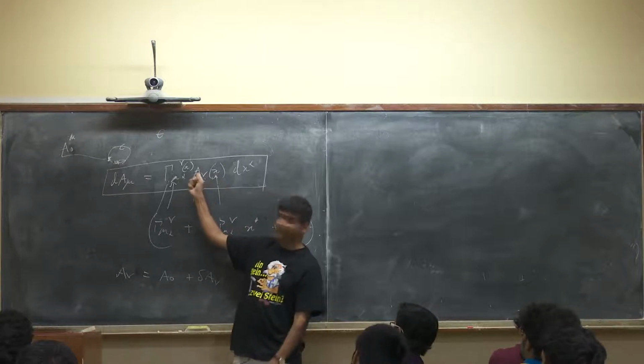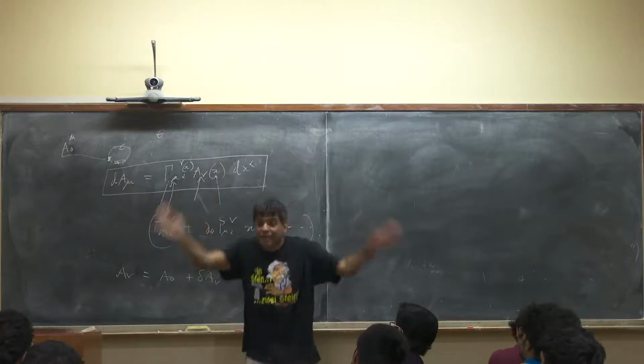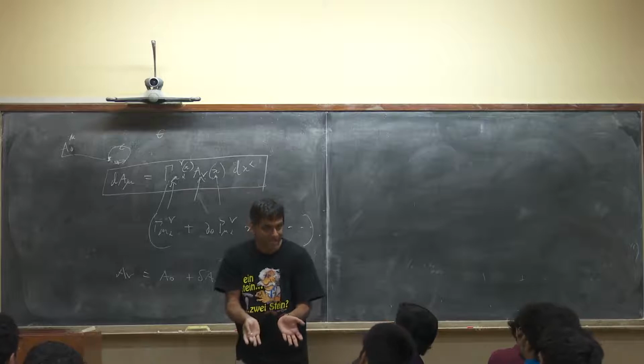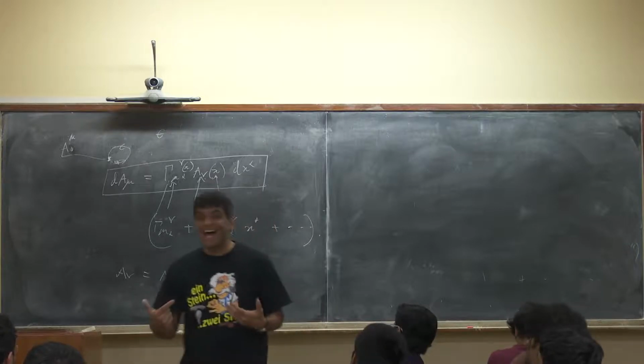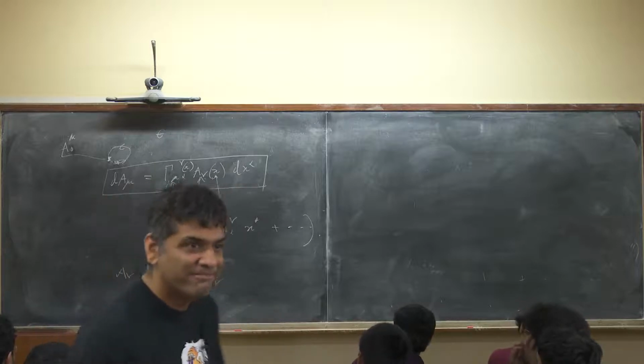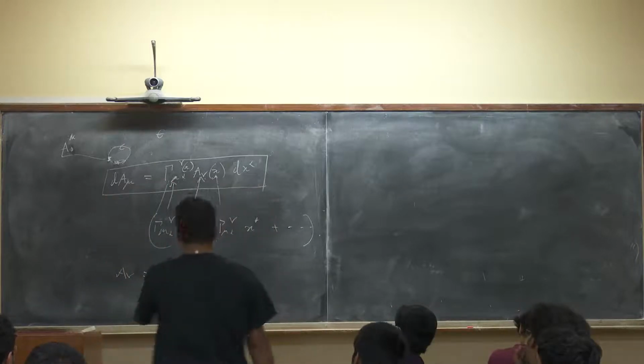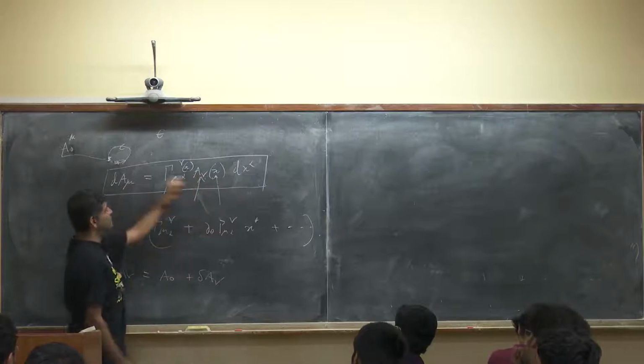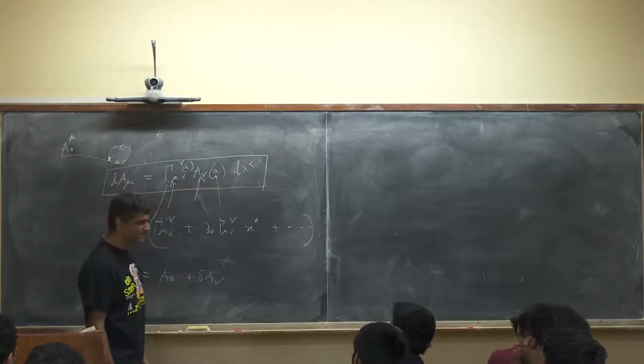In the same way, to compute the change in A at any arbitrary point to order epsilon, we only need to keep the 0th order terms on the right hand side. Okay? So when we keep the 0th order terms, this equation is really easy to integrate. Right?